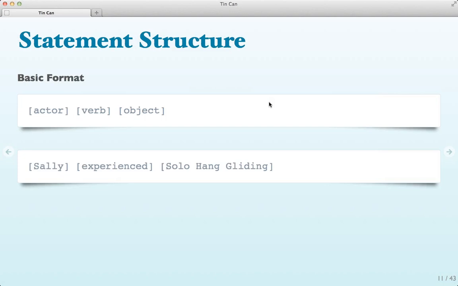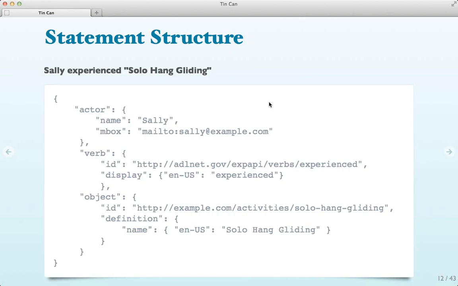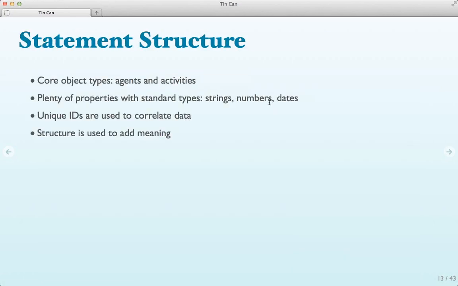So again, the basic format of the statement, which we just saw, is actor, verb, object, or Sally experienced solo hang gliding. And here, again, a very simple statement with a different verb and a different activity.